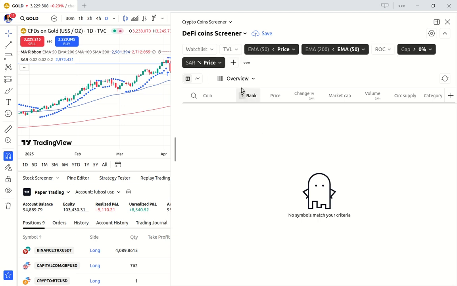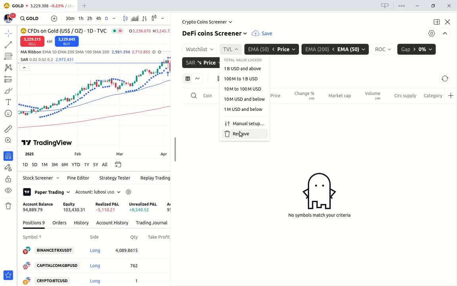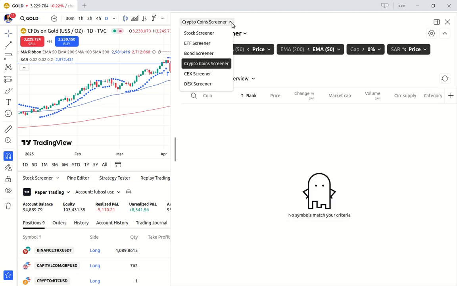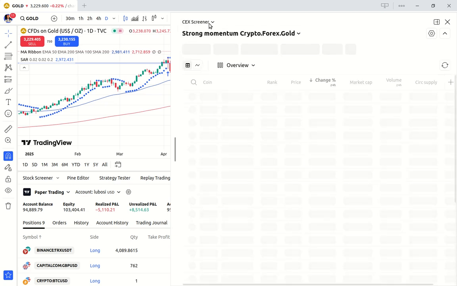So let's just clean it up because I want to make it clean. Okay, clean that one up as well.